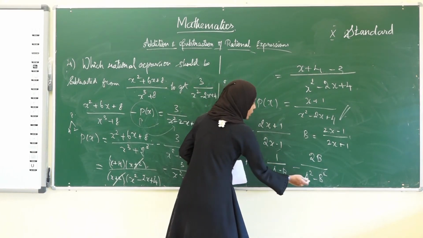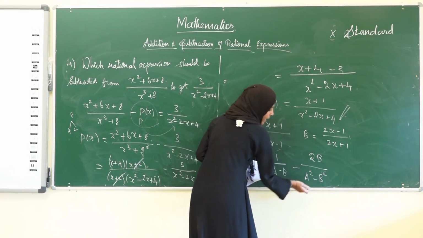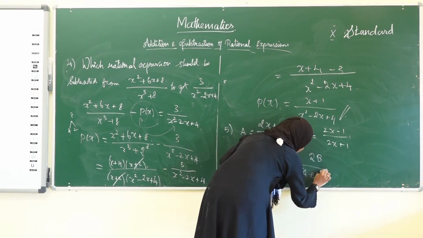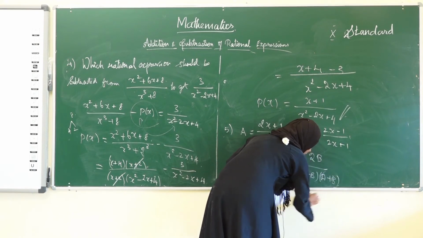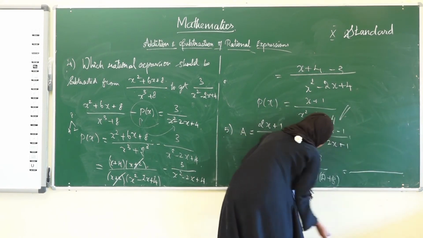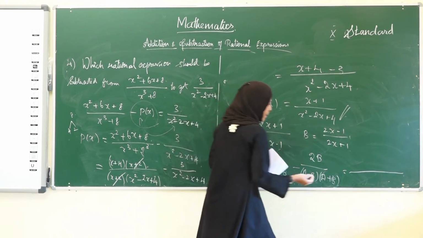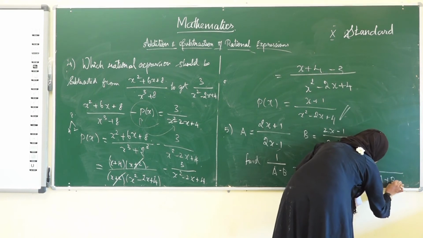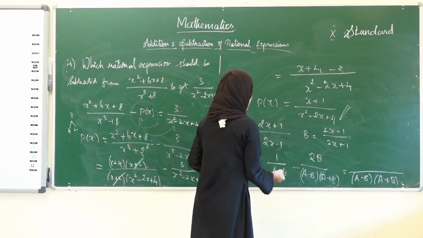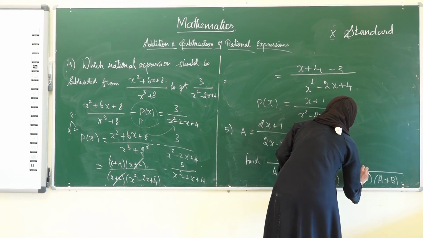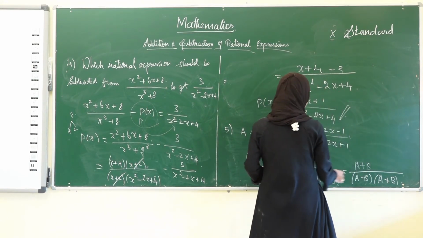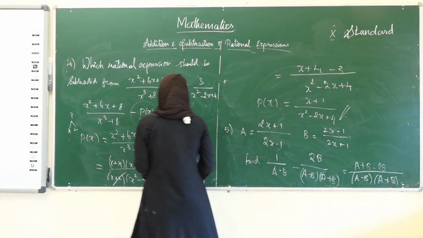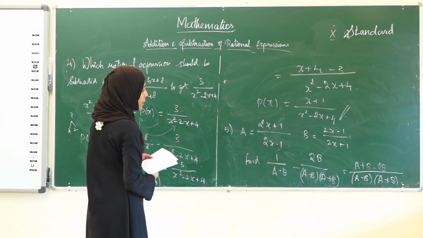See here, the denominators: here it is a minus b and here it is a square minus b square. A square minus b square can be written as a minus b into a plus b. Now we have to find the LCM. The LCM is a minus b into a plus b. Here the numerator will be a plus b, and here it is minus 2b.